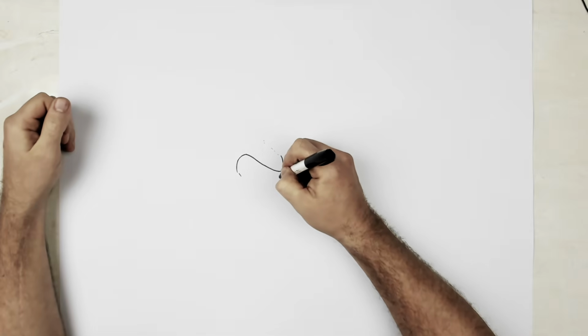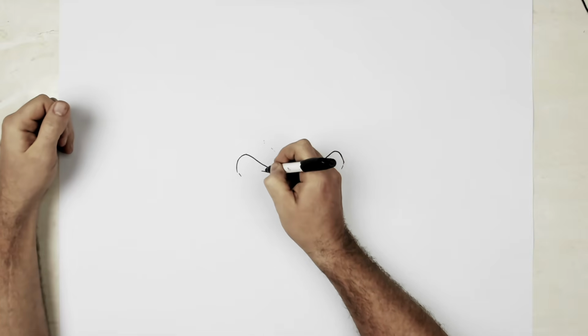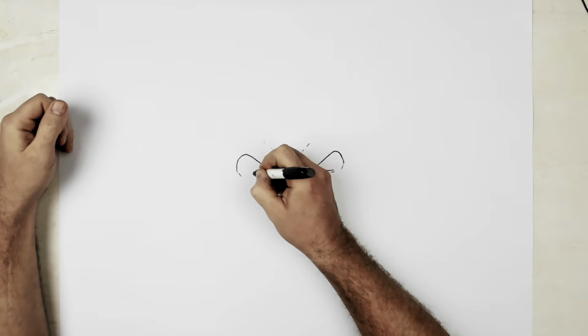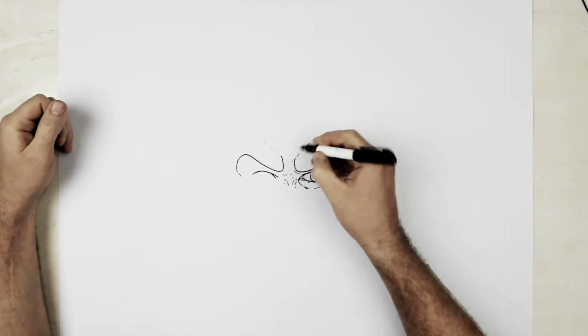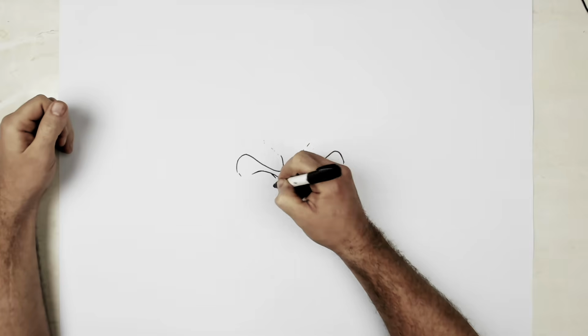Okay, so we'll do the other eye now as well. So we'll go up, so over the back. Kind of like his tear duct right in the corner here.